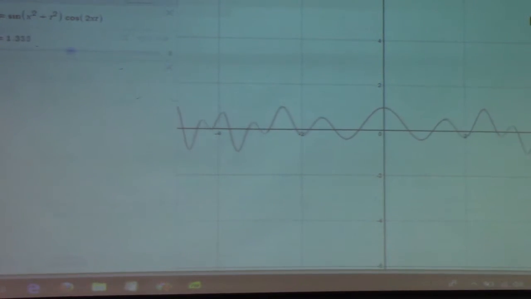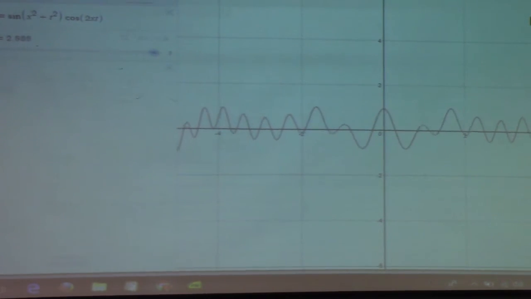That's my u squared, and then plus t squared of the same thing. Oh wait a minute, there's no x squared. I'm sorry, you're right. It's just supposed to be x.